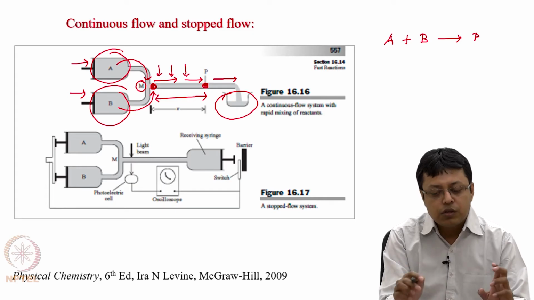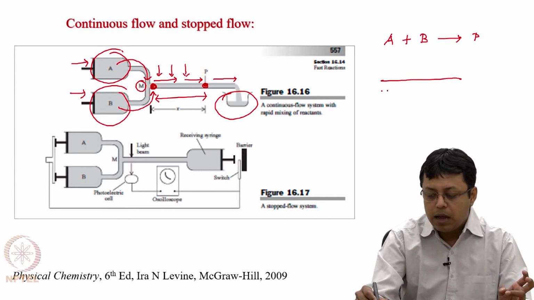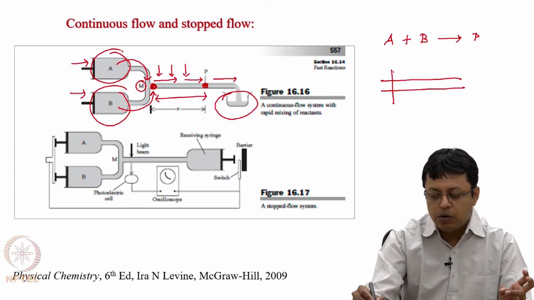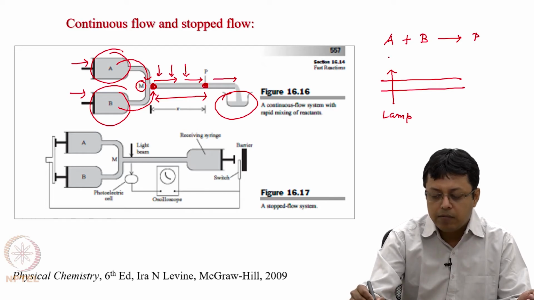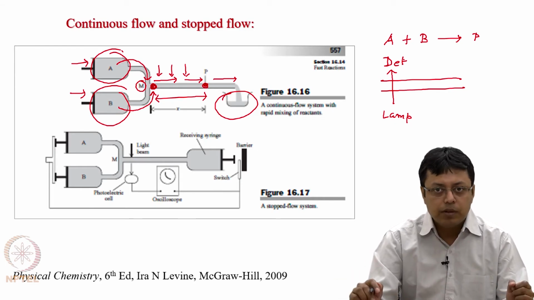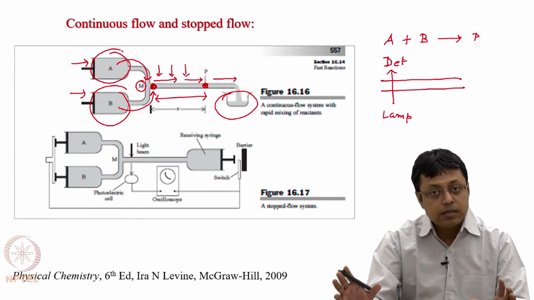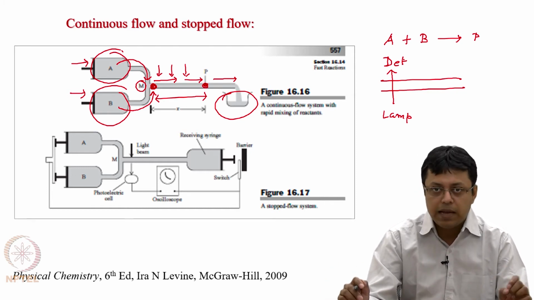So the experiment will be something like, let's say I have a tube here, and then I can do a photometric experiment, with a UV lamp and a detector here, and you can simply study the absorption, looking at a characteristic absorption of the product. You can also study the characteristic absorption of one of the reactants.